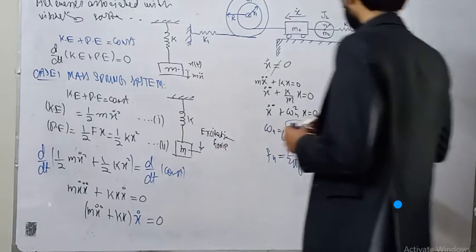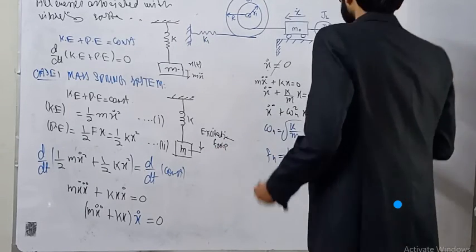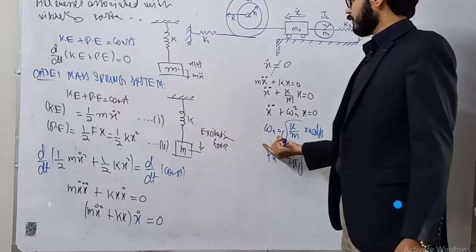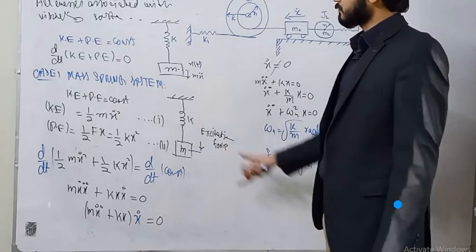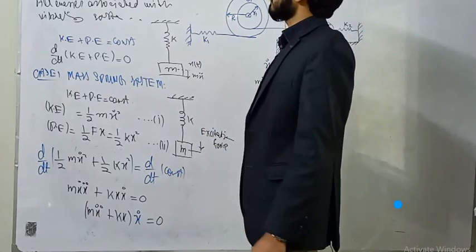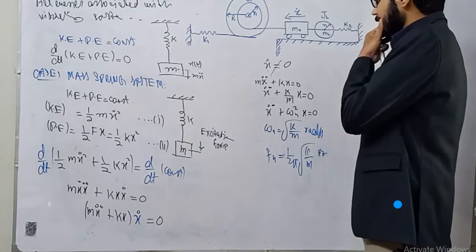What is k? K is the stiffness of the spring. What is m? M is the mass of the vibrating element. So we have calculated the natural frequency of this mass spring system with the help of the energy method.